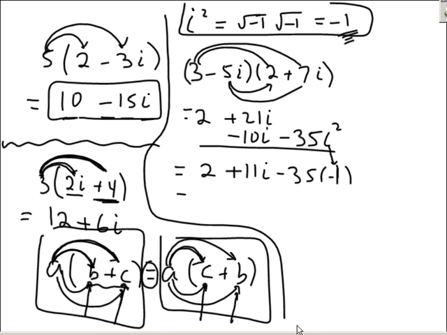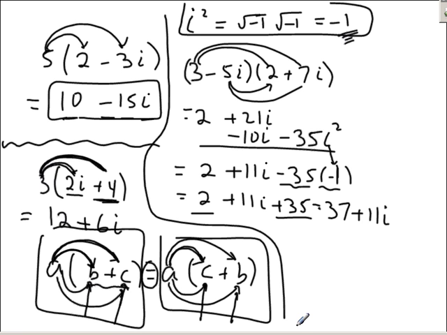Okay, so what we have is 2 plus 11i, negative 35 times negative 1, plus 35. Combine like terms. 2 plus 35, they're like. 37 plus 11i. So with the exception of saying that i squared is negative 1, it was just like i being x or y or k.